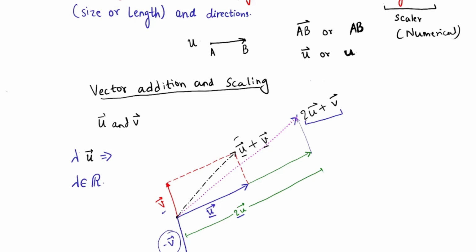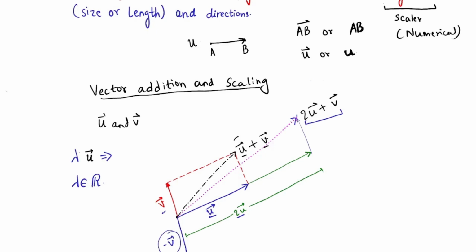To follow vector addition, the tail or the initial point should match, and then by the parallelogram law, we assume that there is another vector, represented by the dashed red color, parallel to v, so the diagonal will give the resultant addition of those vectors.